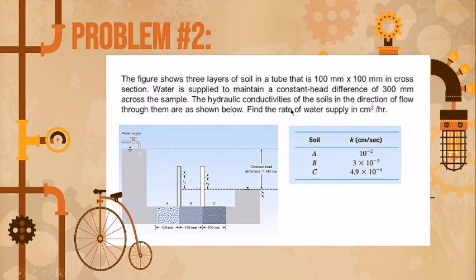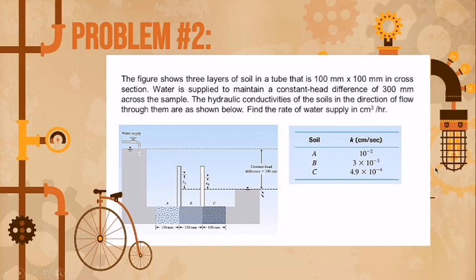The hydraulic conductivities of the soil in the direction of the flow through them are shown below. So this is the direction of the flow. Then find the rate of water supply. My mission is to find the rate of water supply in cubic centimeter per hour unit.